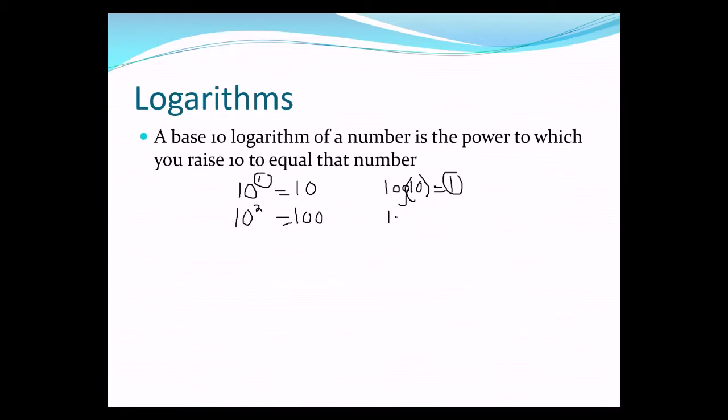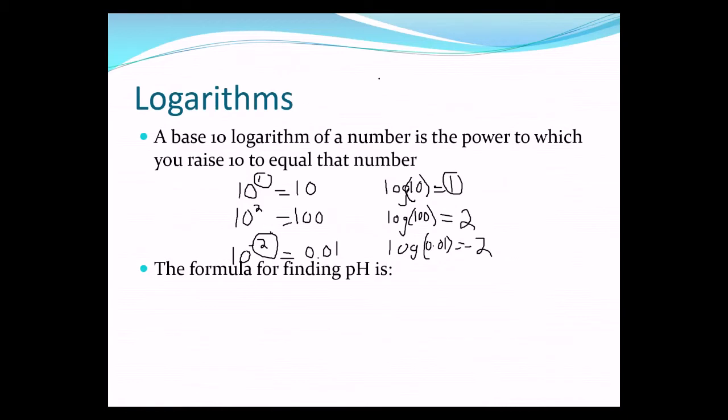And if I typed in log of 100, that would give me 2. Same thing with 10 to the negative 2, which is 0.01. If I typed in log of 0.01, it would give me this exponent right here, which is negative 2. So that's how they work. It's not that complicated.